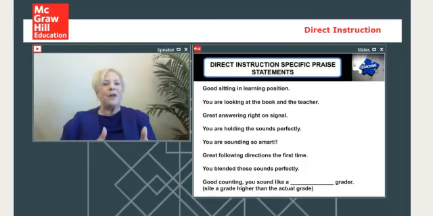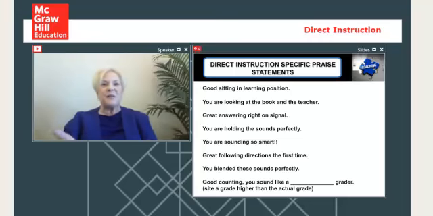Go back and repeat them several times as the lesson's being taught. So, for example, if I'm using the teacher-student game, I'm saying to the students, you're getting a point because I see everybody sitting up. Congratulations, another point, because I'm seeing two-handed tracking. Very good, another point, everybody answered right on signal.